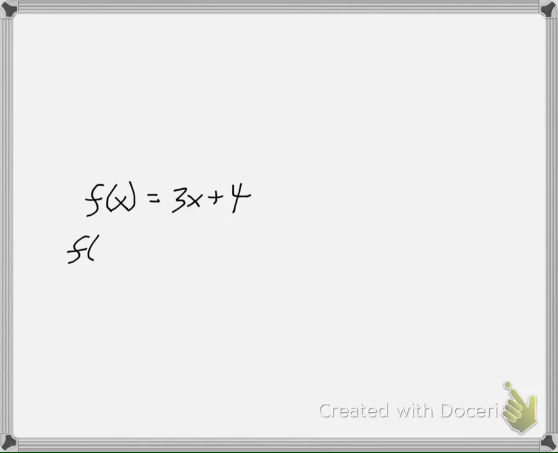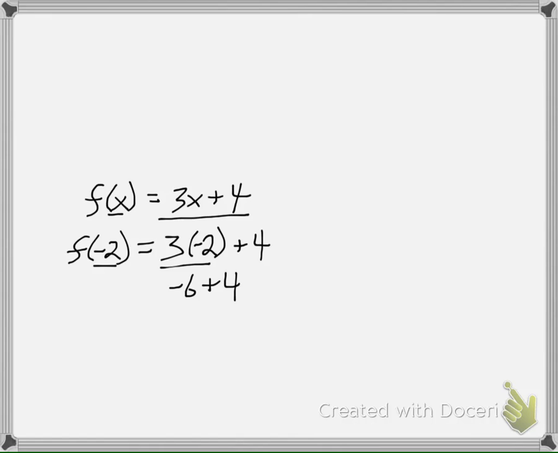So all we're going to do is take this equation and replace x with negative 2. So I have 3 times negative 2 plus 4. And in order of operations, I get negative 6 plus 4, and that gives me negative 2. So f of negative 2 in this case equals negative 2.